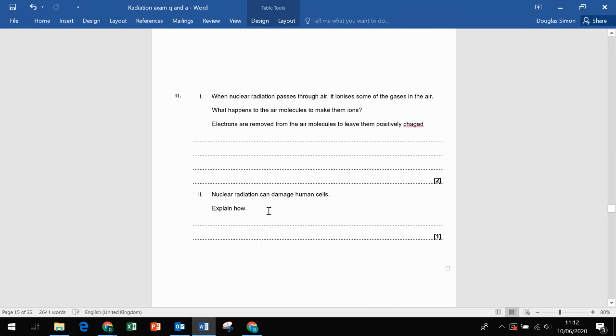Nuclear radiation can damage human cells. Explain how radiation can ionize DNA, which can lead to cell mutations. Or I should say, which damages DNA, which can lead to cell mutations.